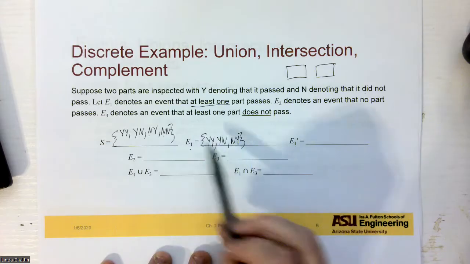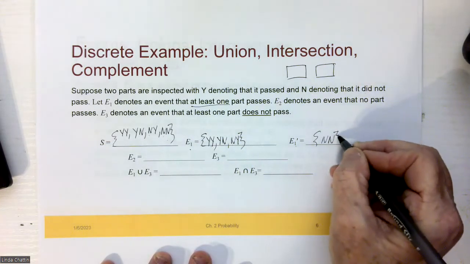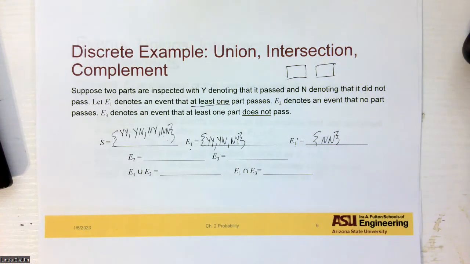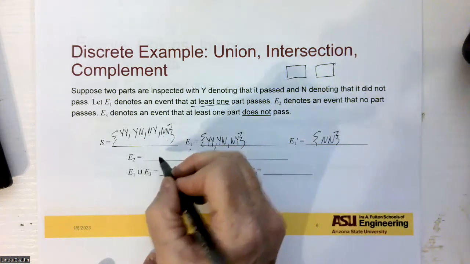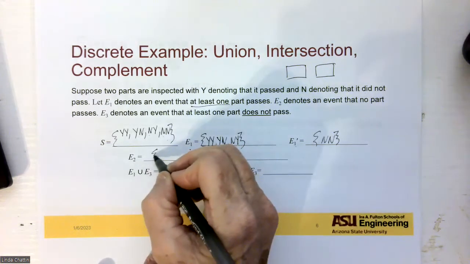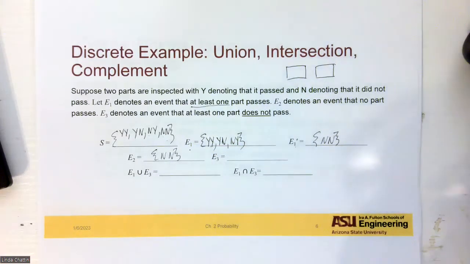So everything that is not E1 would just be that both parts don't pass. E2 denotes the event that no part passes. Well, that's the same thing as E1 prime, right? So E2 and E1 prime are the same thing. So many ways to say the same thing.